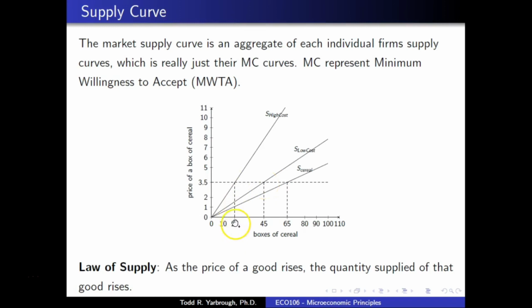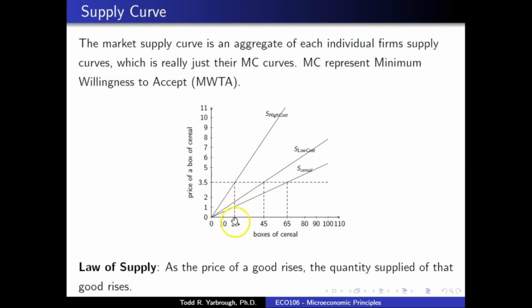High-cost firms only provide 20 boxes of cereal at a price of $3.50, while low-cost firms will provide 45 boxes of cereal at that same $3.50 price. Now, generally speaking, this is how markets actually work. You have high-cost firms, you have low-cost firms, and in combination, we have our entire market supply curve. Again, we just horizontally sum the supply curves to generate the market supply curve.